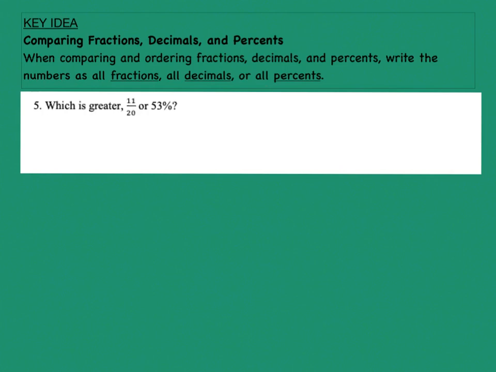Take a moment to think about which form of the numbers would be easier for comparison in this example. I would choose to express 11 over 20 as a percent. So 11 over 20, to write it as a percent, we need to express it out of 100. To express the denominator out of 100, I will need to multiply 20 by 5 and 11 by 5.